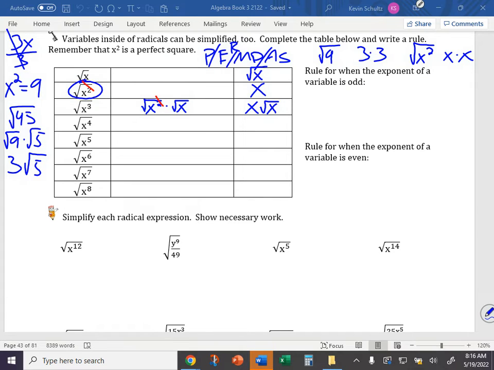Moving on to the root of x to the 4th. I'm going to write this out kind of longhand here. What can we take out of the root of x to the 4th? What factors can we pull out of x to the 4th? Liesel? You mean like x squared times x squared? Yeah.